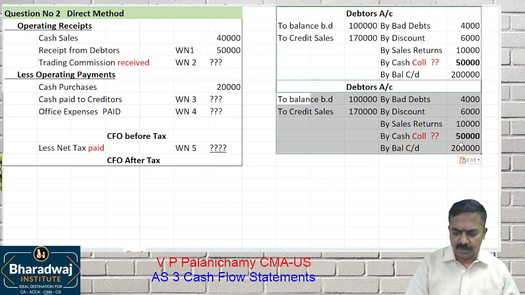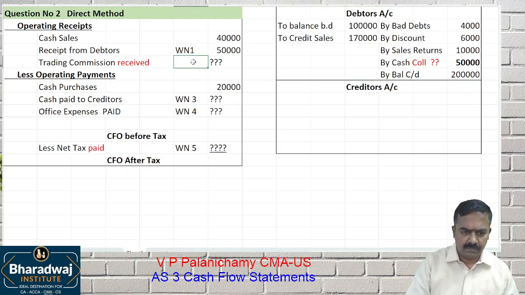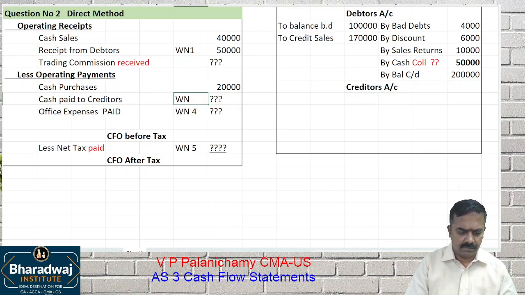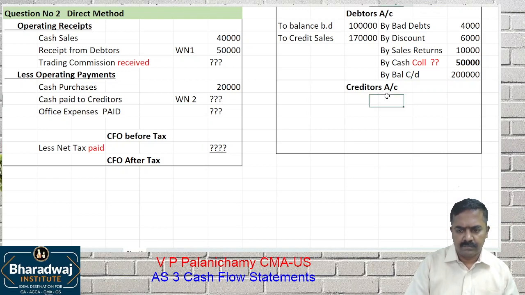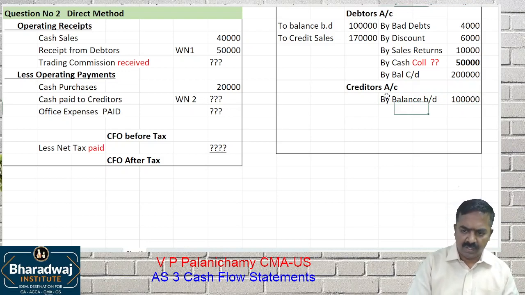Prepare the creditors account next. Which account? By balance brought down. What is the opening balance of creditors? 1 lakh.